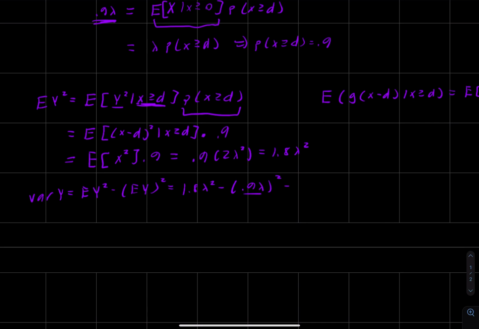This is 0.81. So 1.8 minus 0.81 is going to be equal to 0.99 lambda squared.